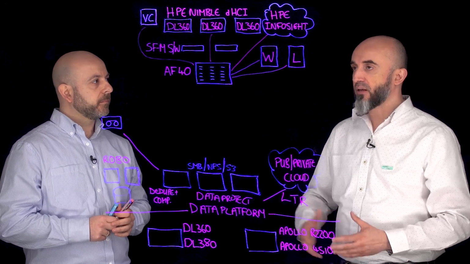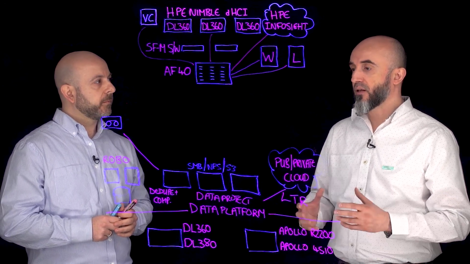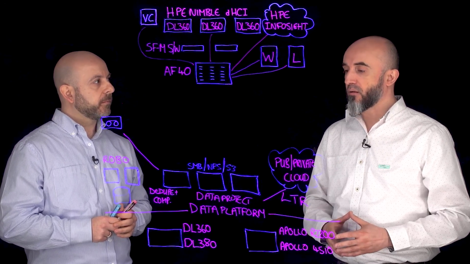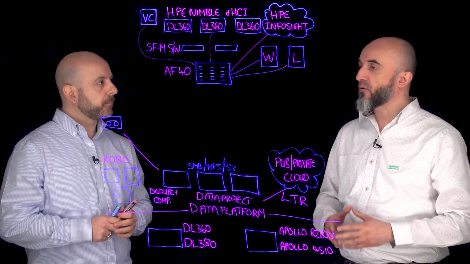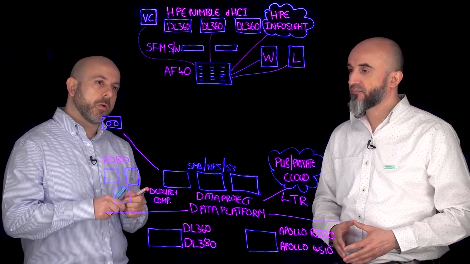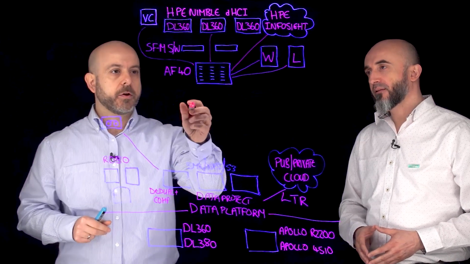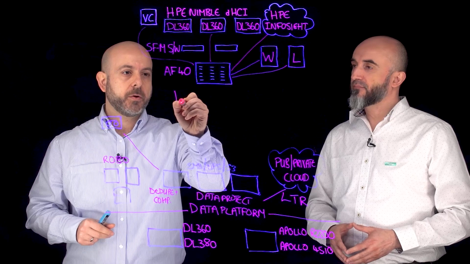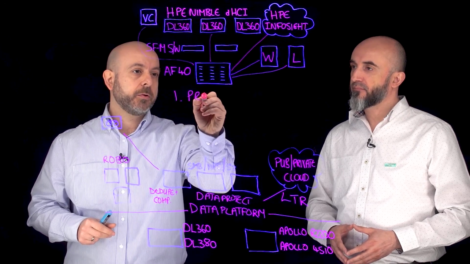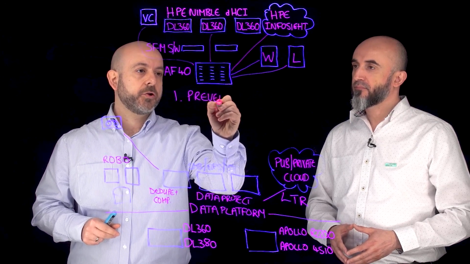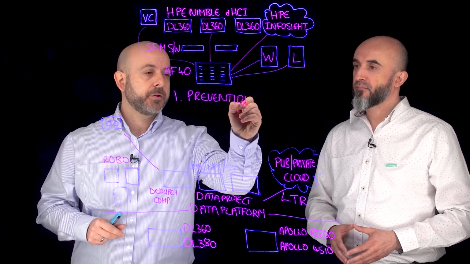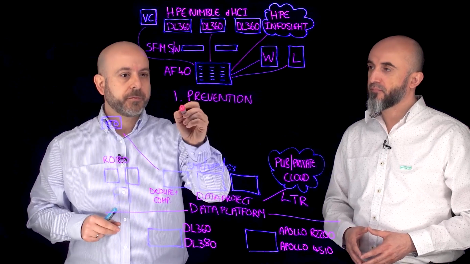So explain to me, I guess, Ezat, how can the data platform protect against security threats, or what can it do? Sure. So we actually have a three-pronged approach to looking at security threats. The first of those is prevention. So we'll try and prevent as much as we can with regards to the data platform.